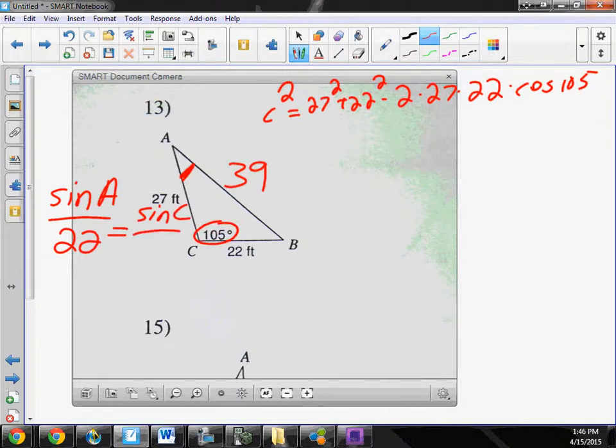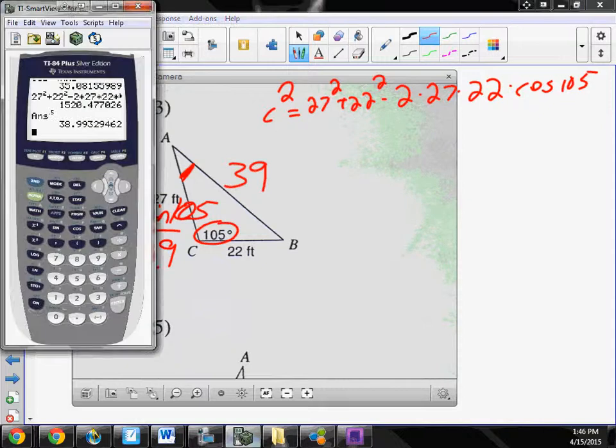Sine of C over 39, and then cross, oh wait, 105. Put a 105 there. Cross multiply, it's going to be 22 sine of 105 divided by 39. And that tells me the sine of A, so I take the inverse sine of A, 33 degrees. That was a lot easier than using the law of cosines, right?